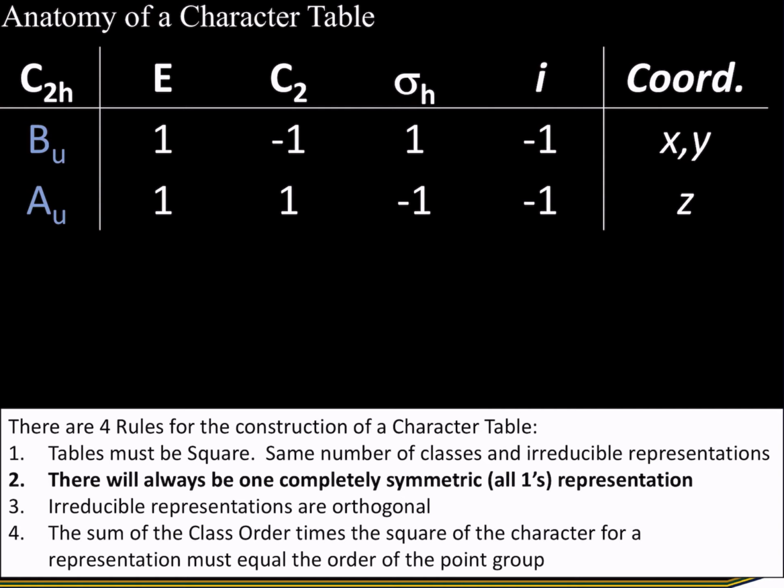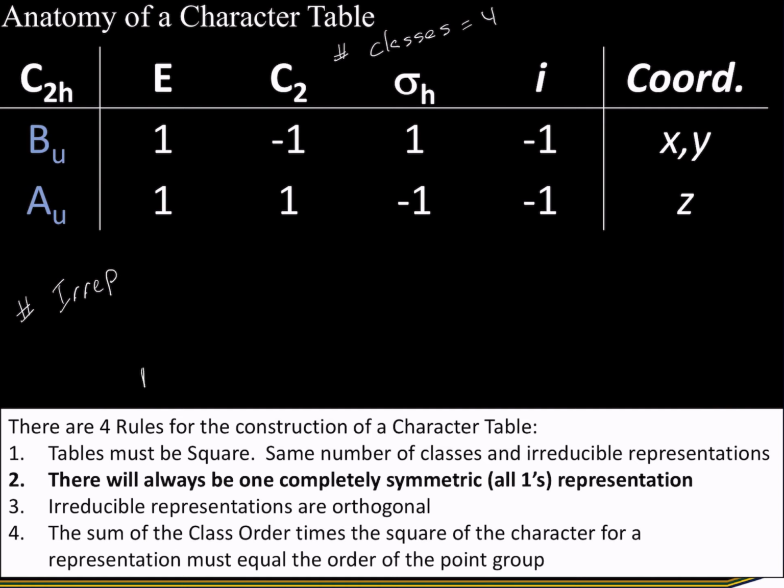There are 4 rules that we're going to follow. The first is that tables must be square. That means that my number of classes, in this case 4, has to equal my number of irreducible representations. Irreps is one way we can abbreviate irreducible representation.